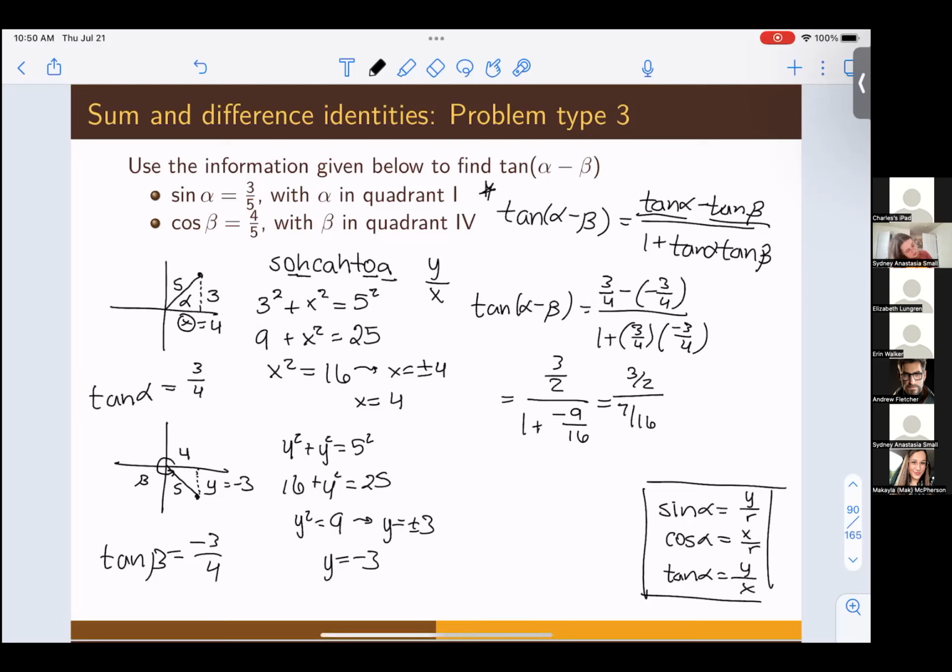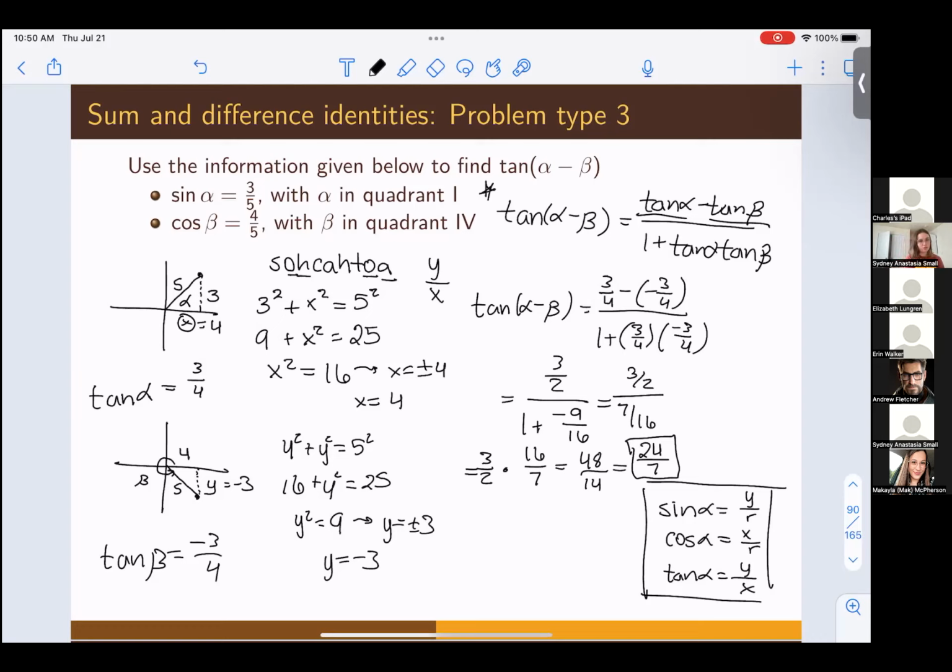And then just dividing these fractions, we have 3/2, invert and multiply, 16 over 7. That's 48 over 14, which dividing out by a factor of 2 to simplify is 24/7. That is fully simplified. That is our final answer.